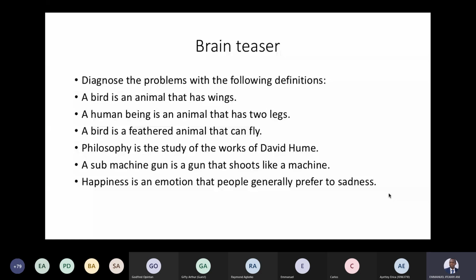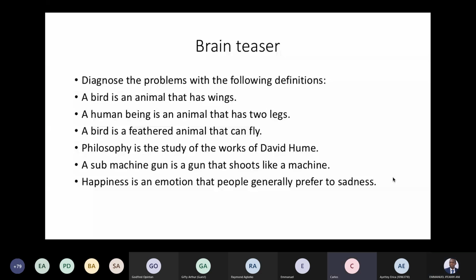Where is my cursor? My cursor has suddenly disappeared. I don't know how I would navigate back to seeing who has raised their hand. Okay, I can't see those whose hands are raised, but whoever is the next person, what is the problem with that definition?